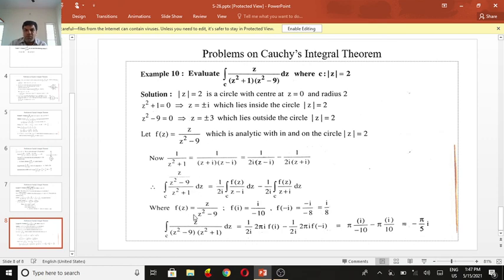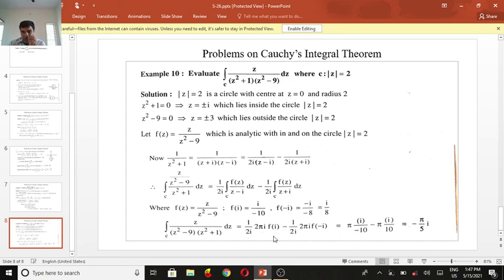So for the given problem, the integral of z divided by (z square minus 9)(z square plus 1) dz is 2 pi i times 1 by 2i f of i, minus 2 pi i times 1 by 2i f of minus i. We are finding f of i and f of minus i.